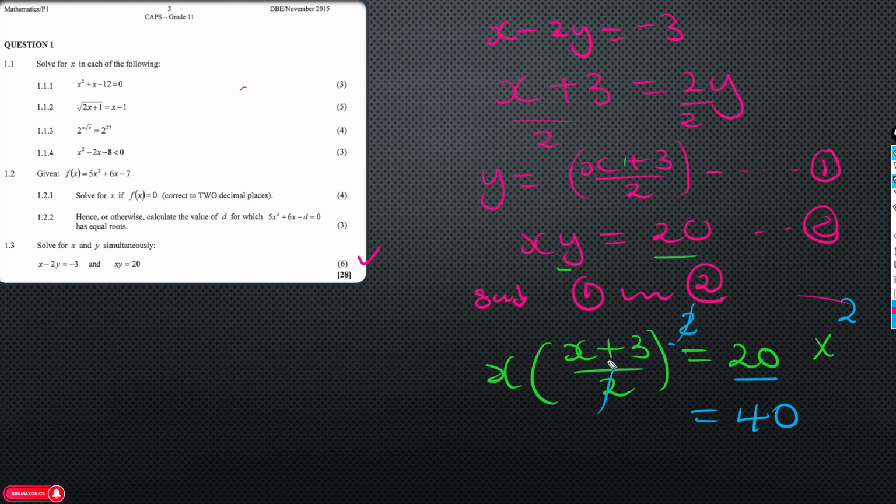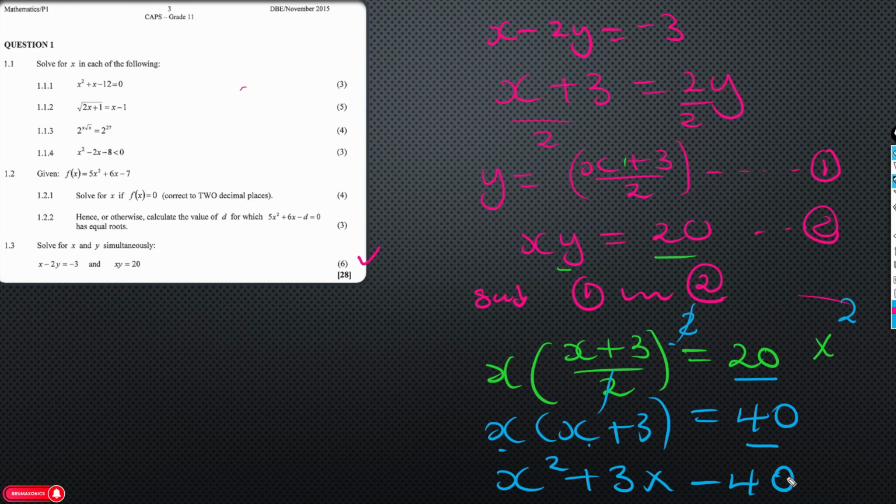And then this side I'm going to have x into x plus 3 now. So now this times this will give me x squared, and then plus 3x, and when I take this to the other side, it means that I'm going to get negative 40, which is equal to 0.